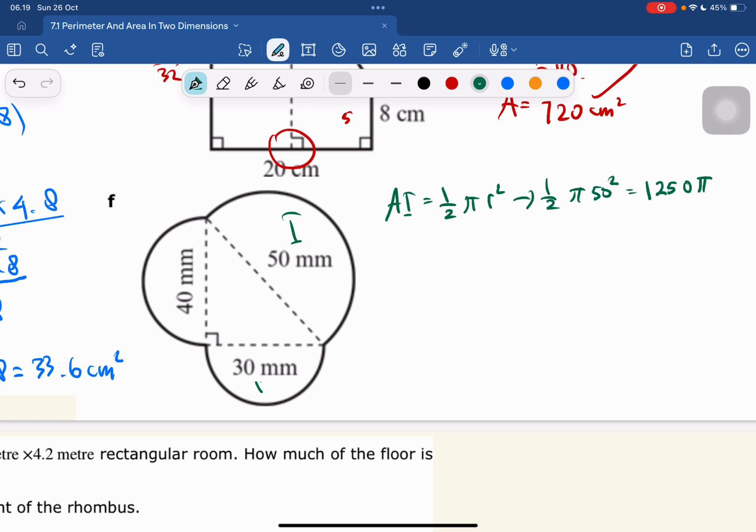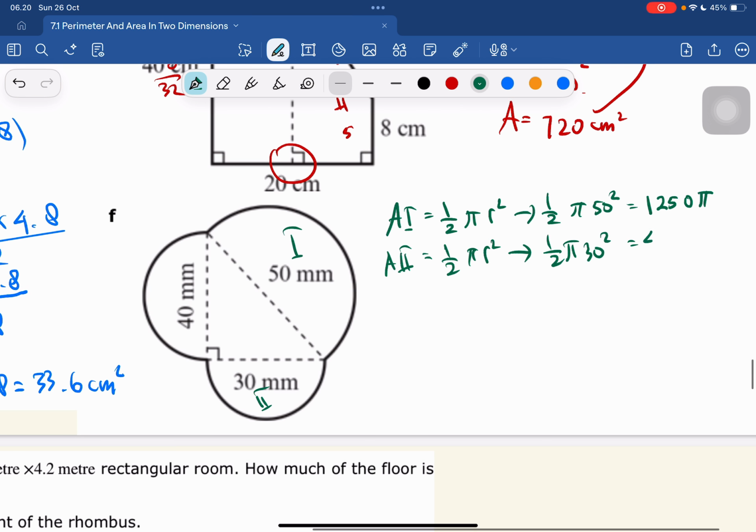Let's make it for the second area. So a half pi r square, so a half pi 30 square. 30 square is 900, and we divide by 2.